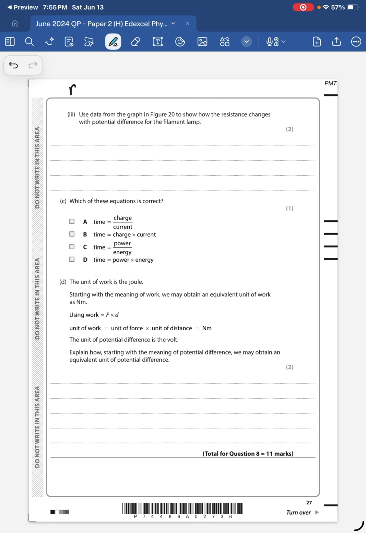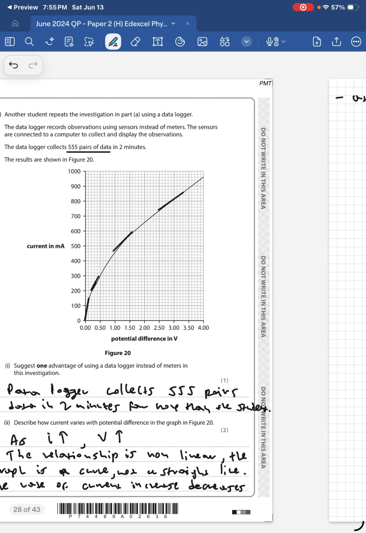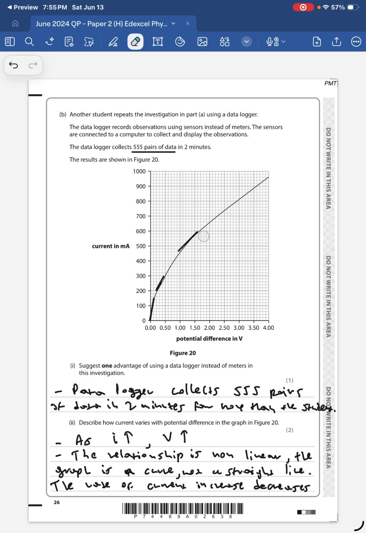Okay, so first of all, resistance is voltage over current. So let's take some pairs of values. Find the most convenient, that's what I try to do with these papers. Okay, this point is kind of convenient, and then this point is kind of convenient.